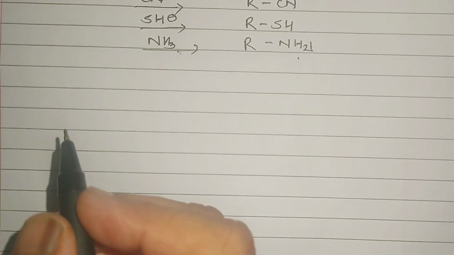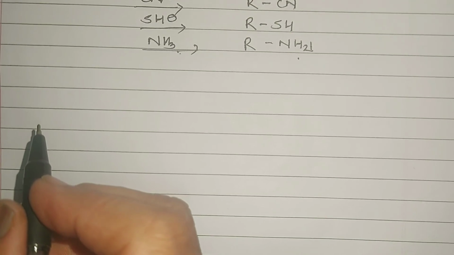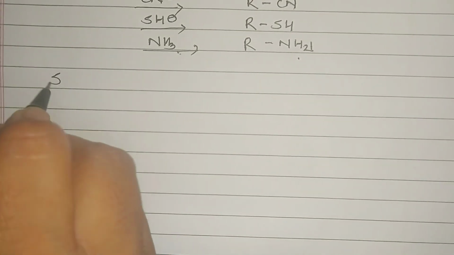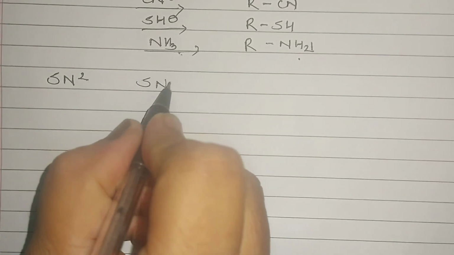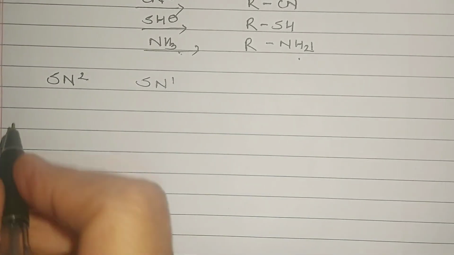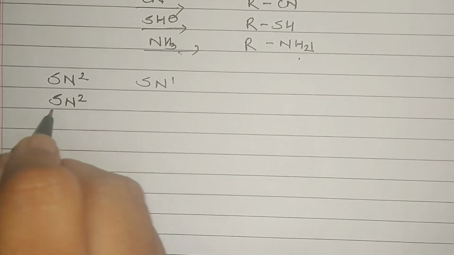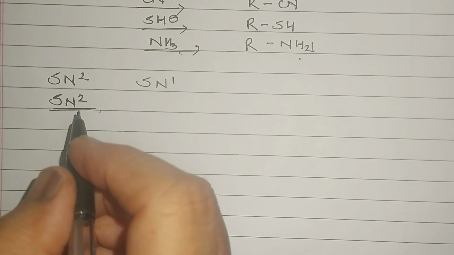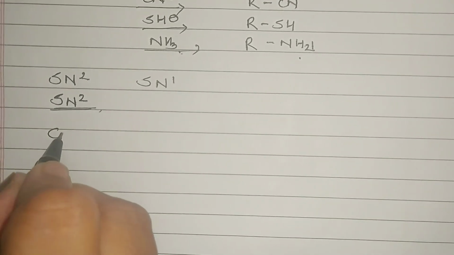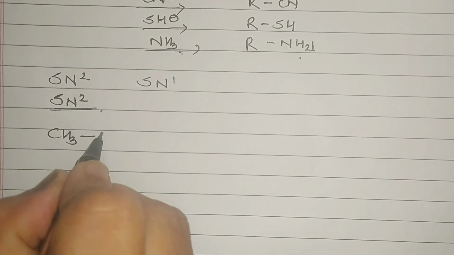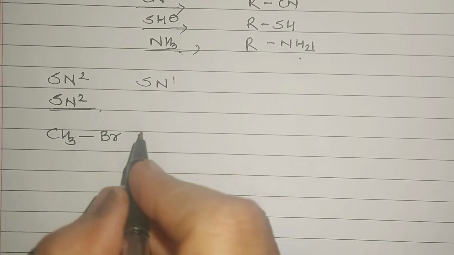In our last lecture, we saw the types of SN reactions, SN2 and SN1. An example of an SN2 reaction is CH3Br, that is methyl bromide.